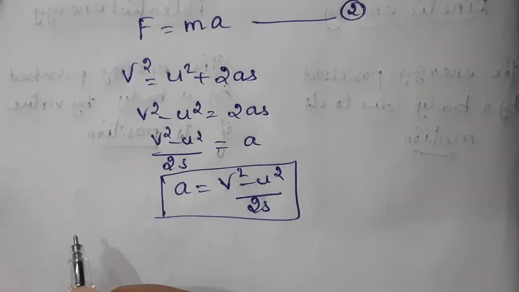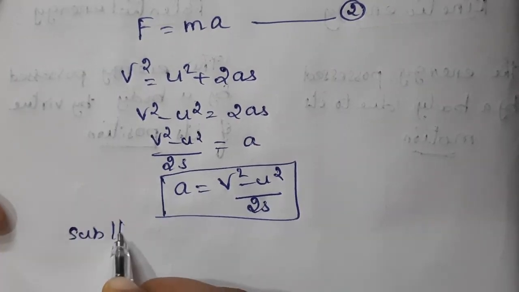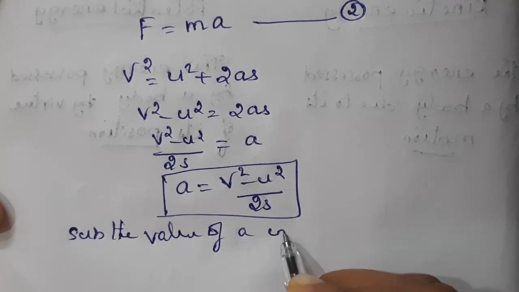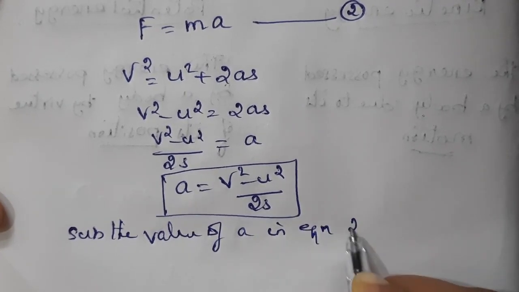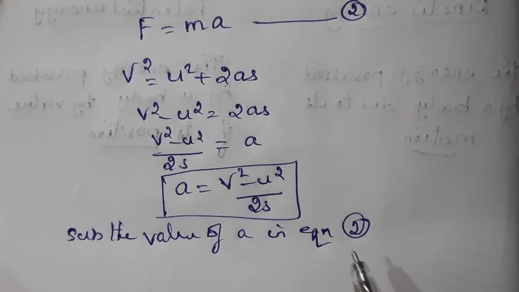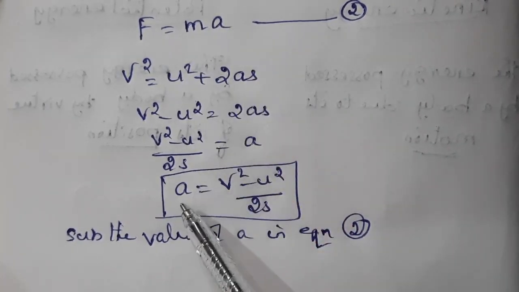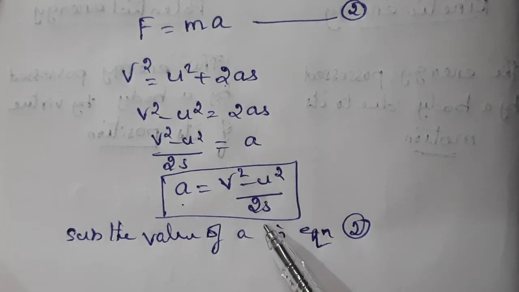Now substitute the value of a in equation 2. What is equation 2? F equal to m into a. So F equal to m into (v square minus u square) by 2s.